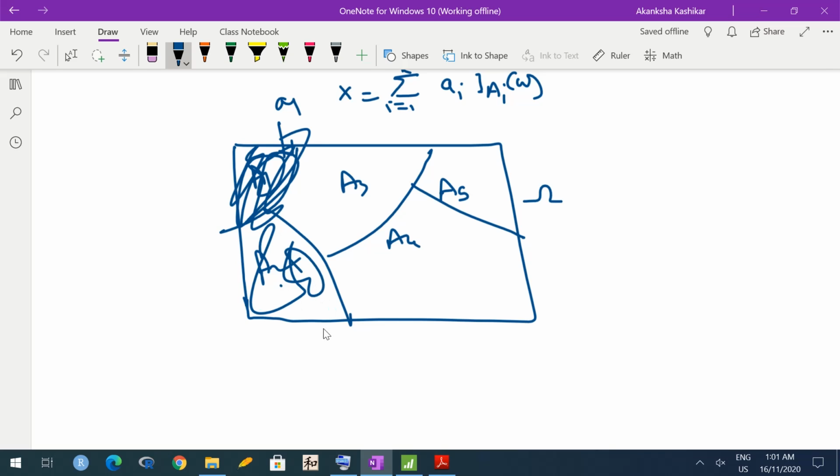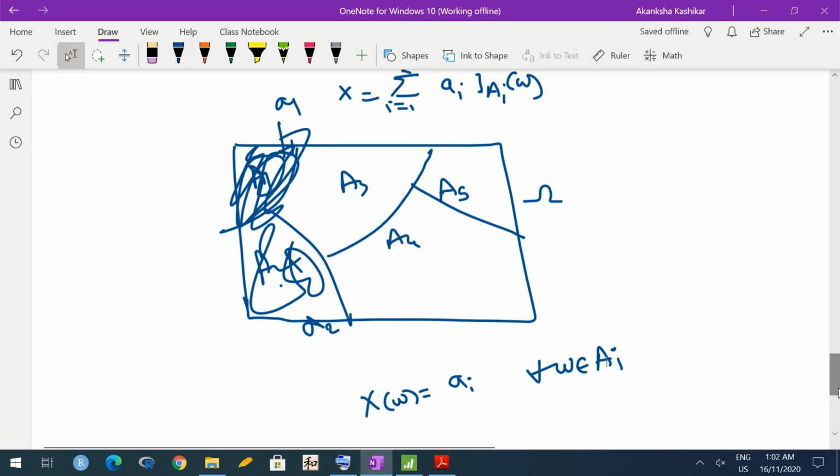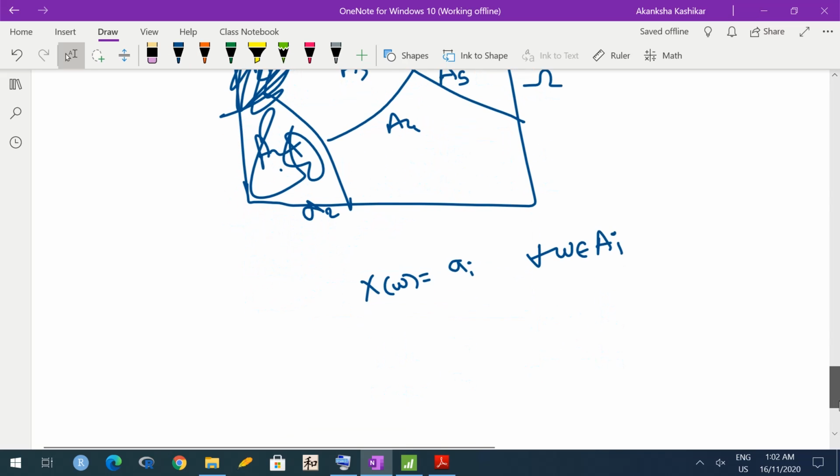On this entire part A2, X takes value small a2 and so on. So what we have defined is X of omega is equal to small a_i for every omega in capital A_i. So X takes only k possible values.